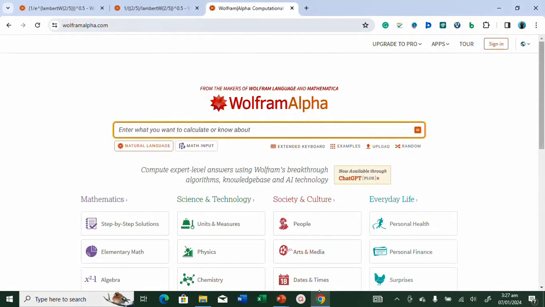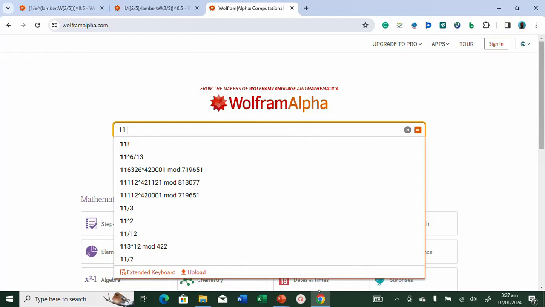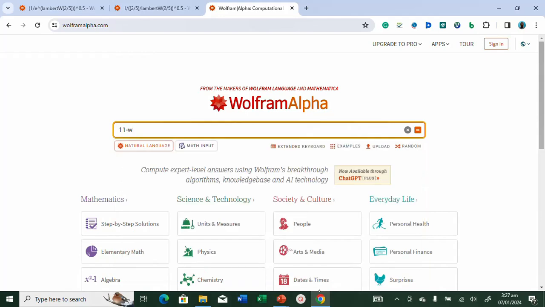Now let's go back to this. So what we got was 11 minus Lambert W, bracket open, 2 to the power 11 times natural log 2, bracket close.